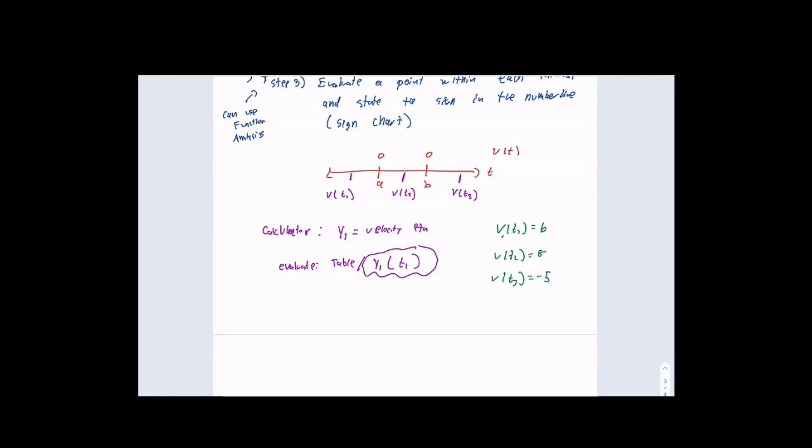So in labeling our sign chart, we would say that this is positive, positive, and negative. We're not worried about the actual value of the velocity. We just care about the sign.